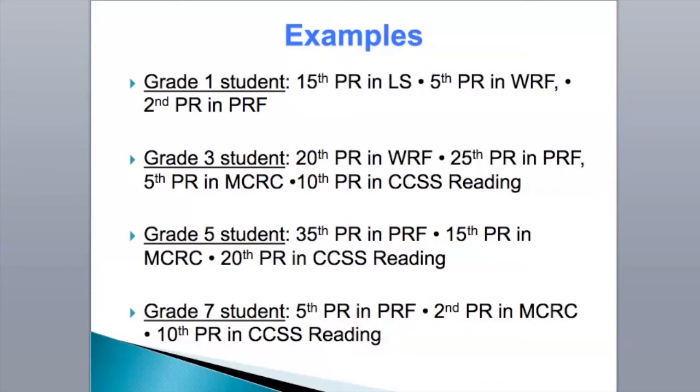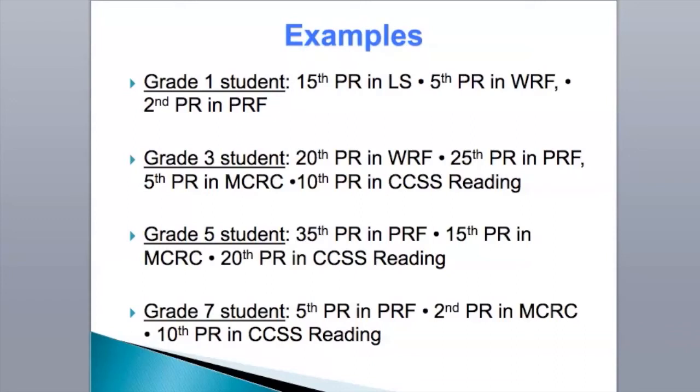In the 3rd grade student, you see that both measures of reading fluency, words and passages, are at a reasonable percentile rank, and both the MCRC, multiple choice reading comprehension, and the CCSS reading are quite low and in fact may not be sensitive to show progress.